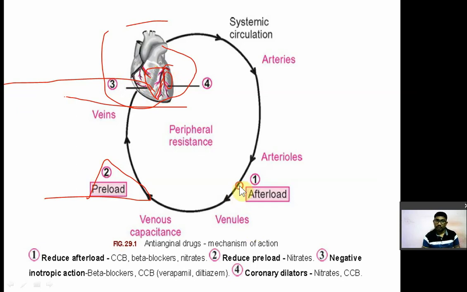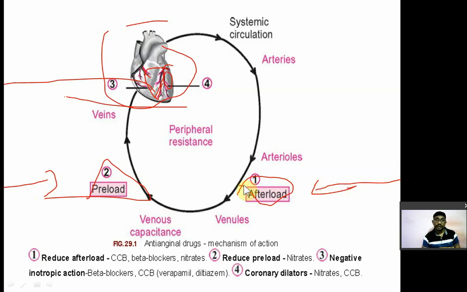And whatever blood is there after complete ventricular diastole, when the ventricles relax, how much blood is in them at that time, that is known as afterload. So preload means the amount of blood present in the ventricle during ventricular contraction, and afterload is the blood present in the ventricle after ventricular relaxation.